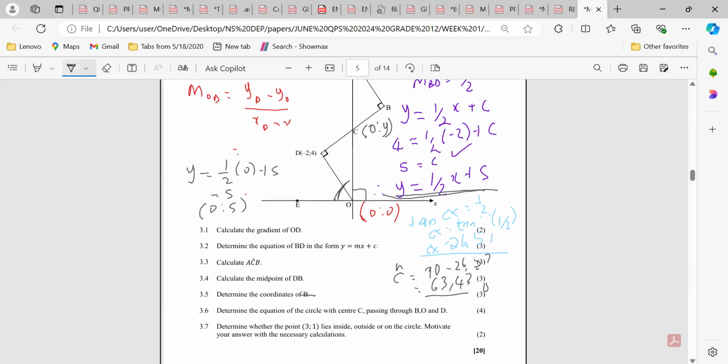Next, they say we should calculate the coordinates of P. Now we know the midpoint. As long as you know the midpoint, then it becomes simple. This one is fine. Now we know the midpoint. If we know the midpoint and we're trying to get the coordinates of P, how would we do that?